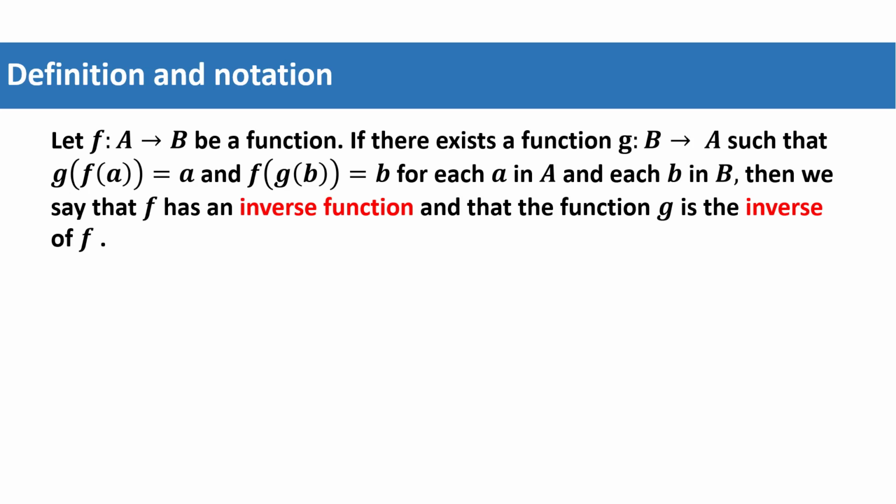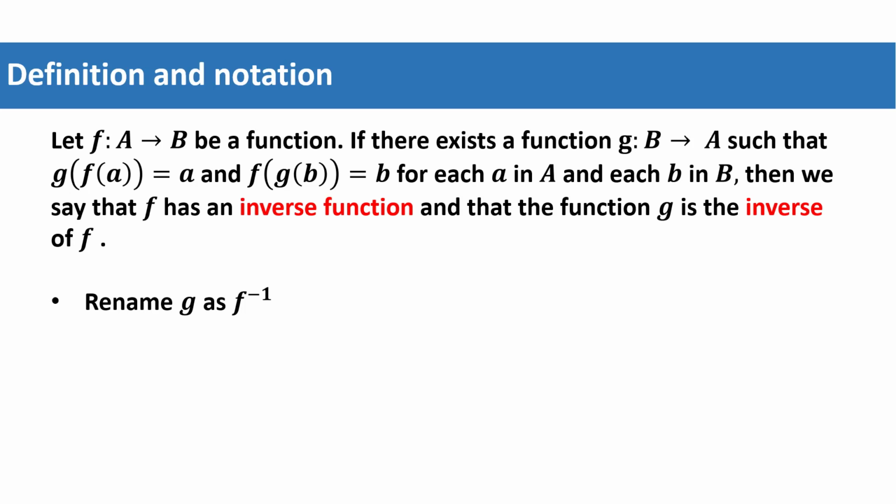It's important to note what the equation g of f of a equals a is really saying. For any input a in the domain of f, the function g will reverse the process of f, which converts a to f of a, because g converts f of a back to a. When a given function f has a corresponding inverse function g, we usually rename g as f inverse.